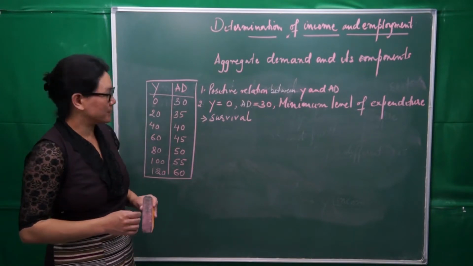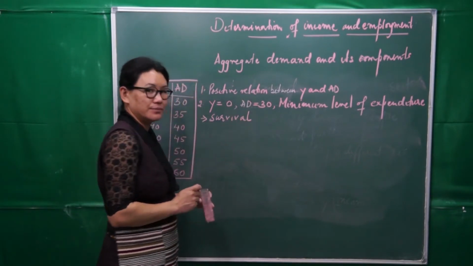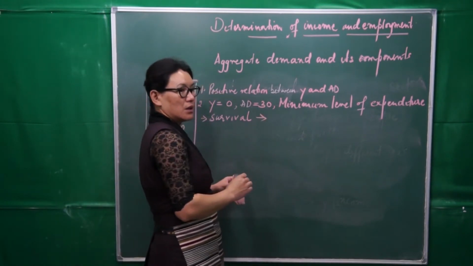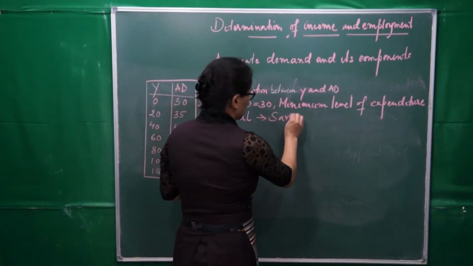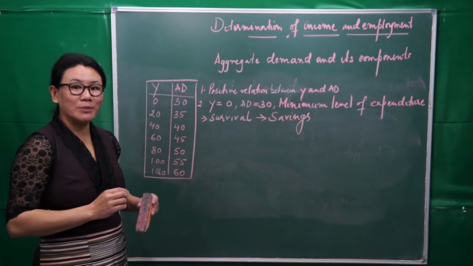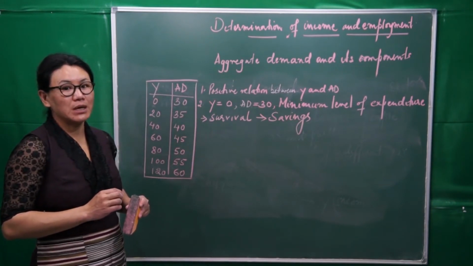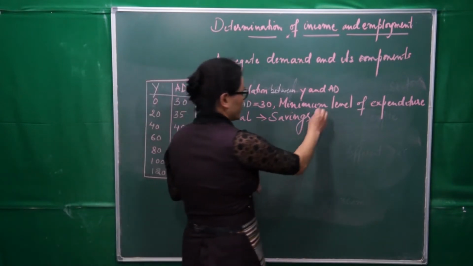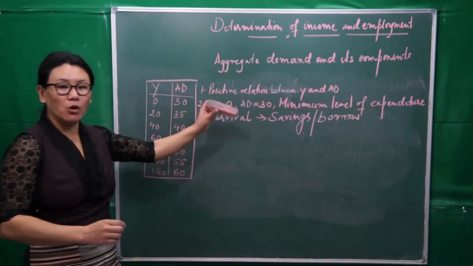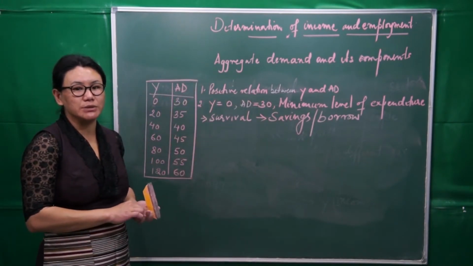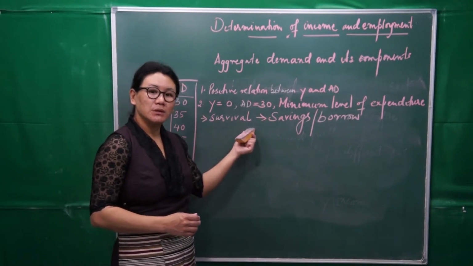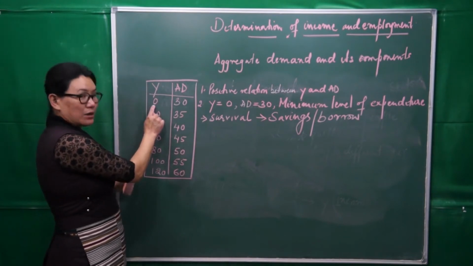So we say that for survival, if income is 0, people will use their past savings that they have accumulated in the past, or they will borrow from others because they have to survive. Is that clear? So, second observation is this.